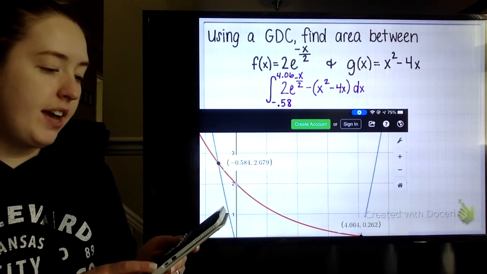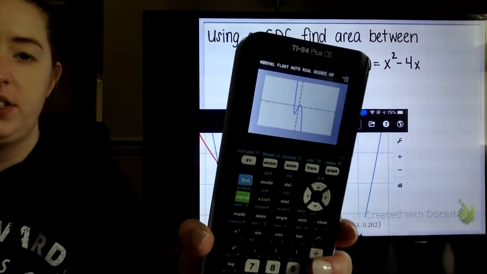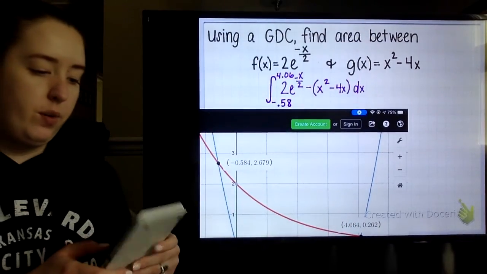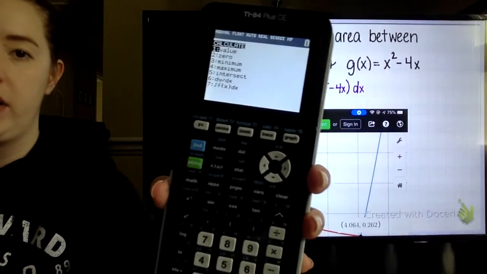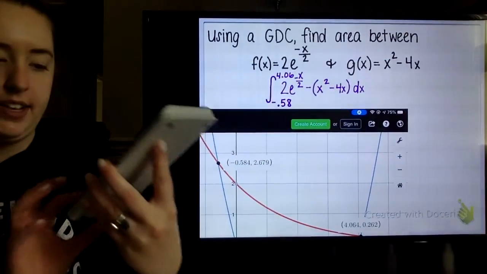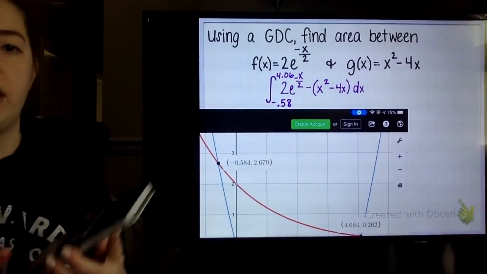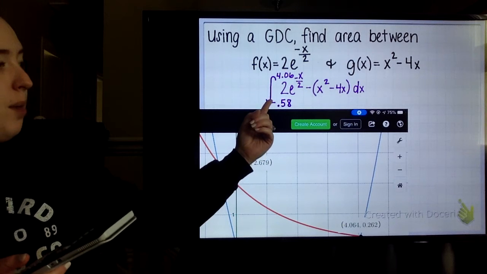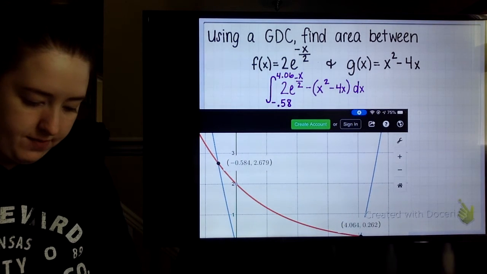So it's going to give us a graph of something that honestly we don't really give two hoots about. What we want to do is go to second trace to get calc, and then go down to 7 to get that integral, just like we did before. They're going to ask for our lower limit, which is negative 0.58.